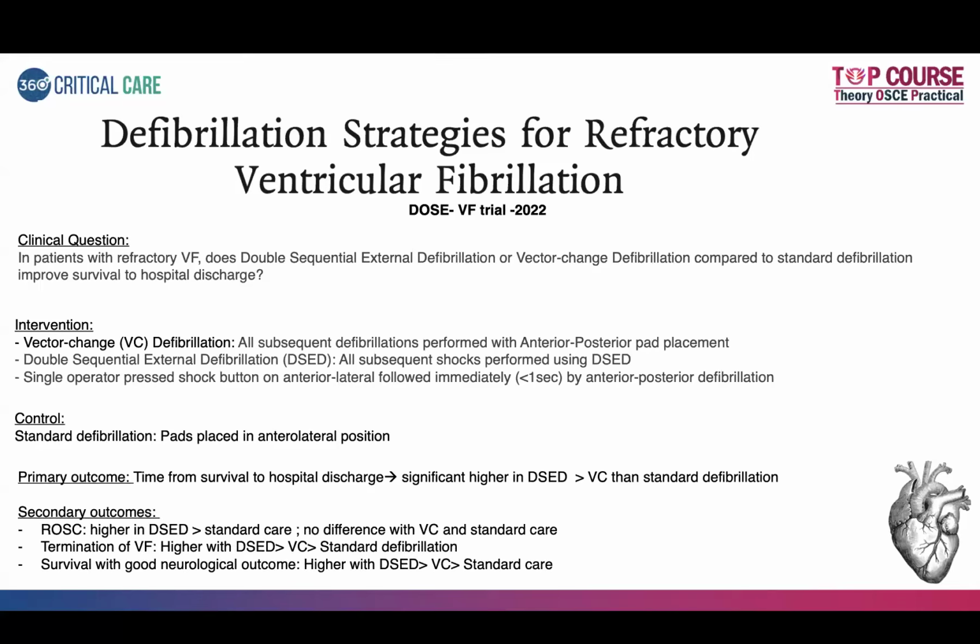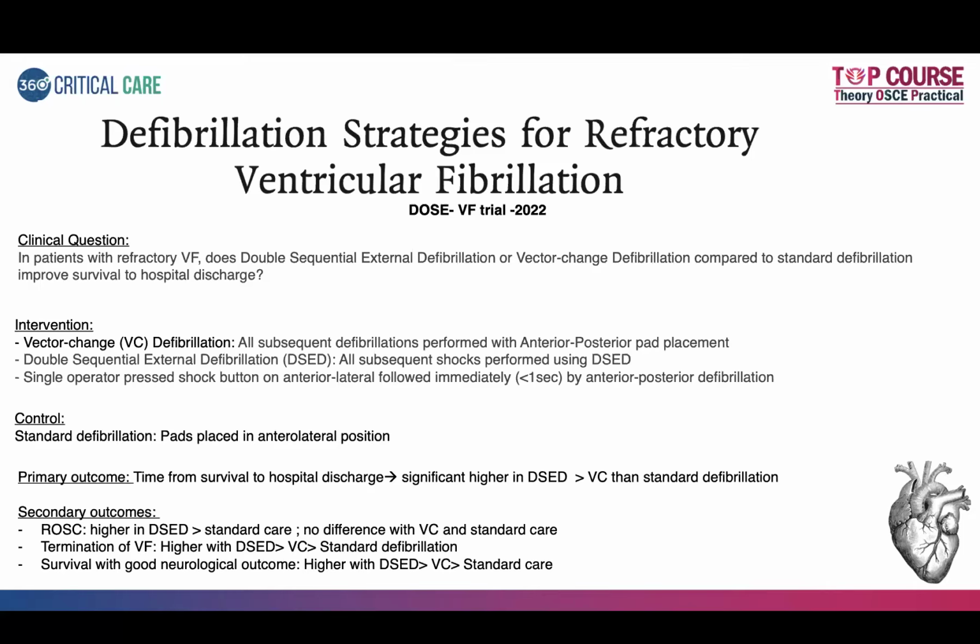Termination of VF was higher in double sequential external defibrillation, more than vector change, more than standard defibrillation. And survival with good neurological outcome was higher in double sequential external defibrillation, more than vector change, than standard care. So I think this is an important slide that needs to be kept in mind.